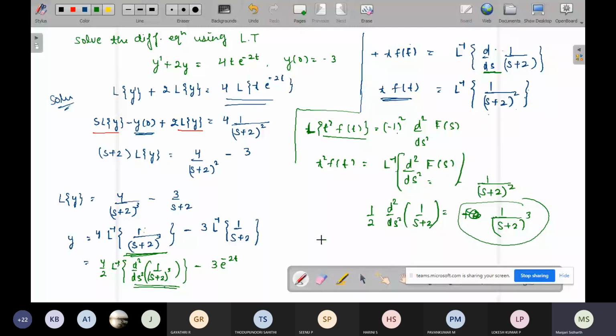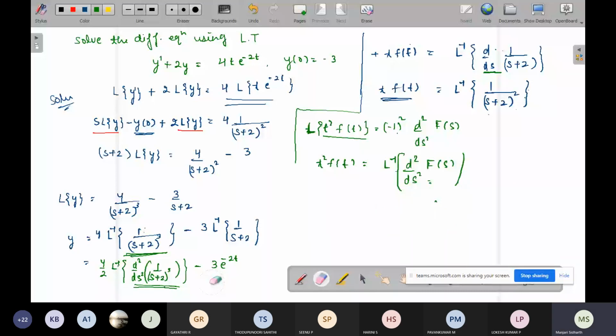Okay, so I'm writing here. So t square is here. Now this value 4 by 2 means 2. We need t square. Okay, write t square. But what is f(t)? f(t) is nothing but the corresponding 1 over (s plus 2). f(t) is nothing but L inverse of F(s), and F(s) was 1 over (s plus 2), right?